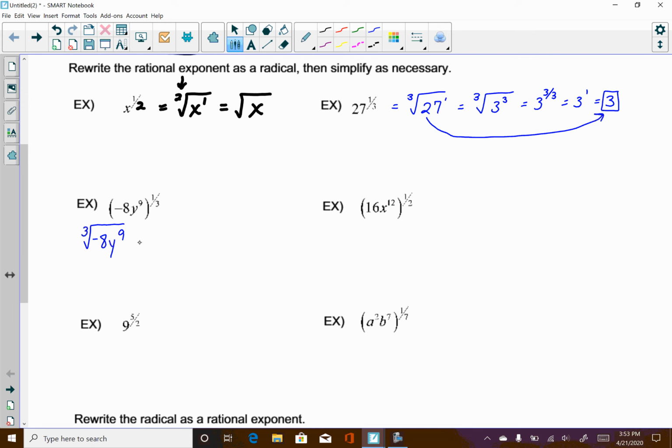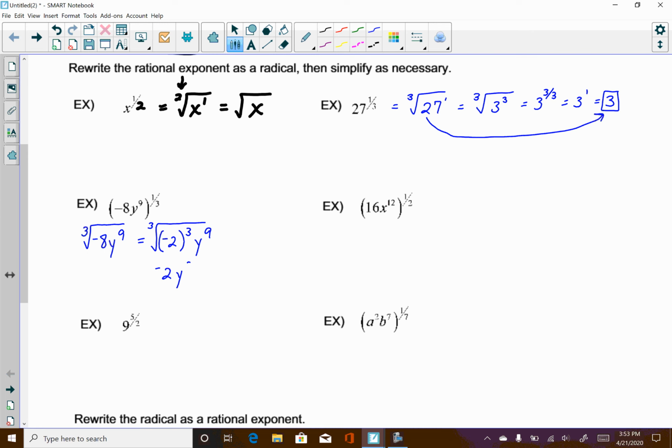We ask ourselves, what can we multiply times itself 3 times to get negative 8? And hopefully you agree, okay, well, I can do negative 2 to the 3rd power. And since 9 is already a multiple of 3, I just leave it alone. And then as I come out, I just divide. So negative 2 to the 3 divided by 3 is just going to give me negative 2. Y to the 9 divided by 3 is going to give me y cubed. So negative 2y cubed, final answer.